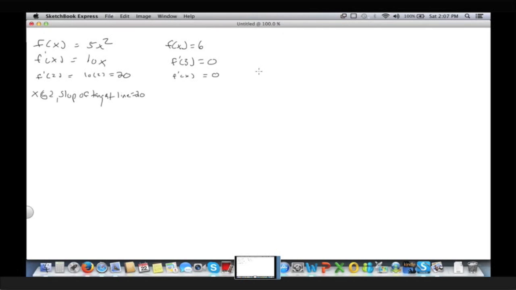One interpretation is that as x increases by 1 unit, the function does not change. Not that the slope doesn't change, but the function doesn't change. And the other interpretation is that the slope of the tangent line is 0. Those are two different interpretations. So let's try that again.